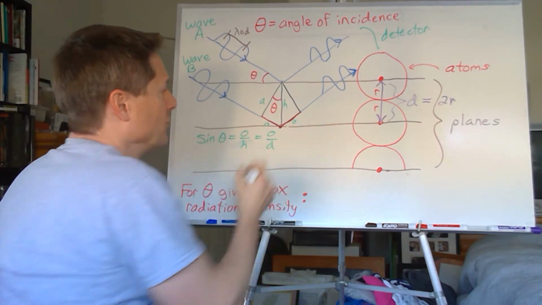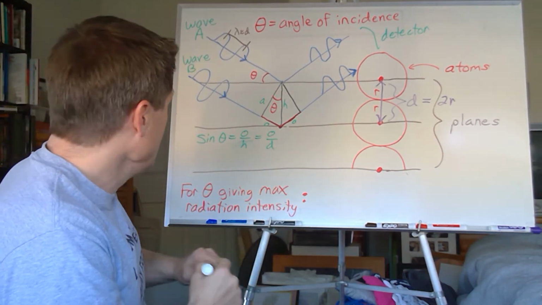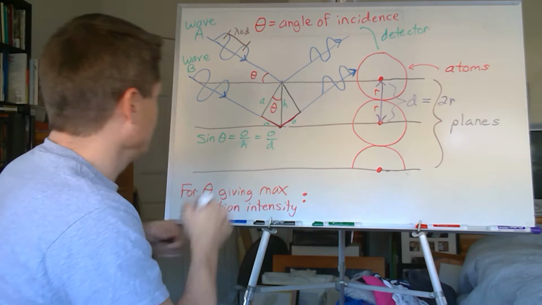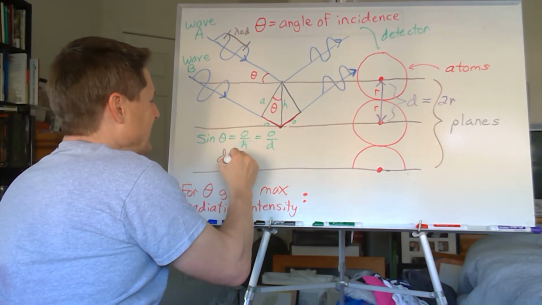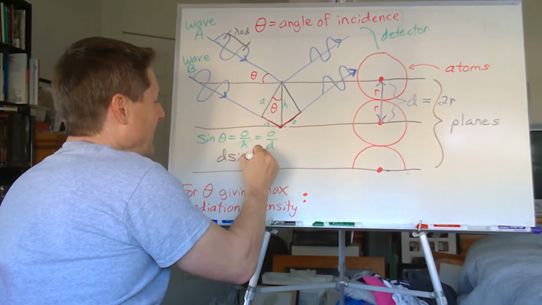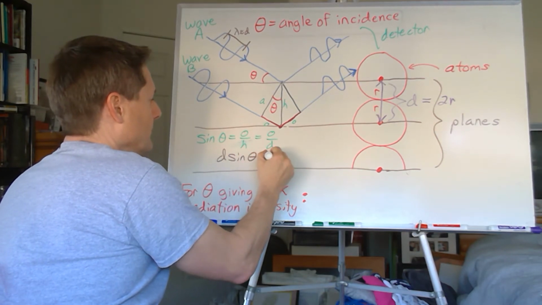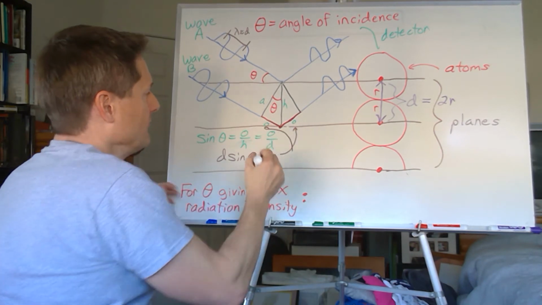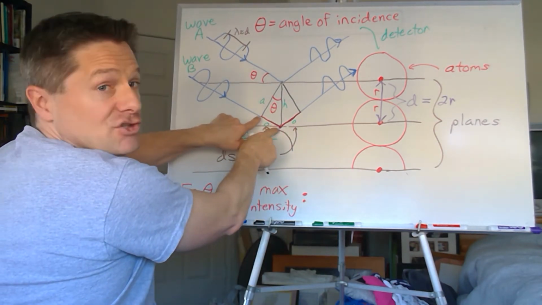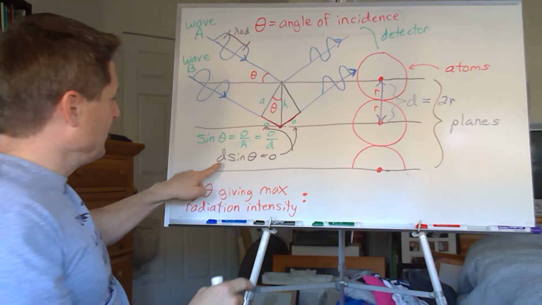And this would be true over here as well. So if we rearrange this, move d over, then this would be d sine theta. So that little chunk of the triangle there would just be d sine theta.